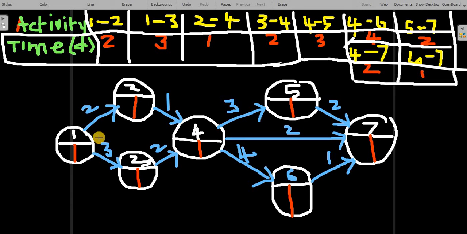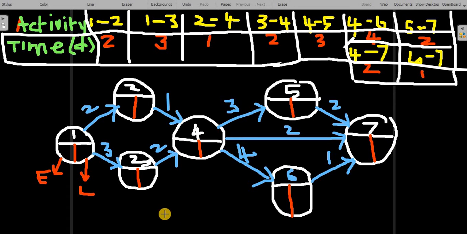Why am I dividing? In the first lower half I am going to write the earliest time, and in the other I am going to write the latest time.